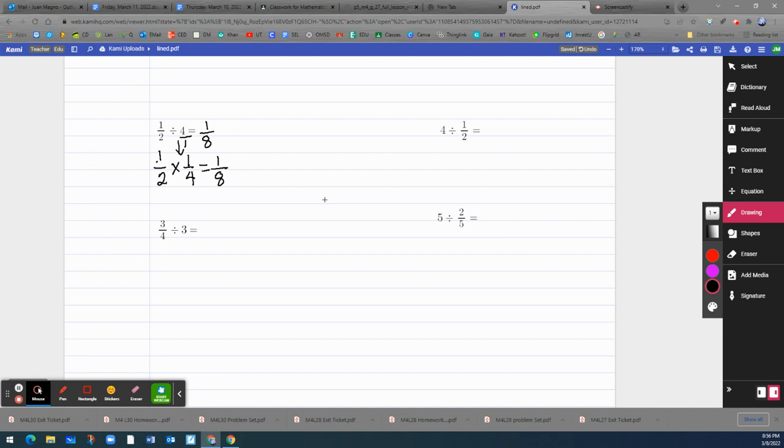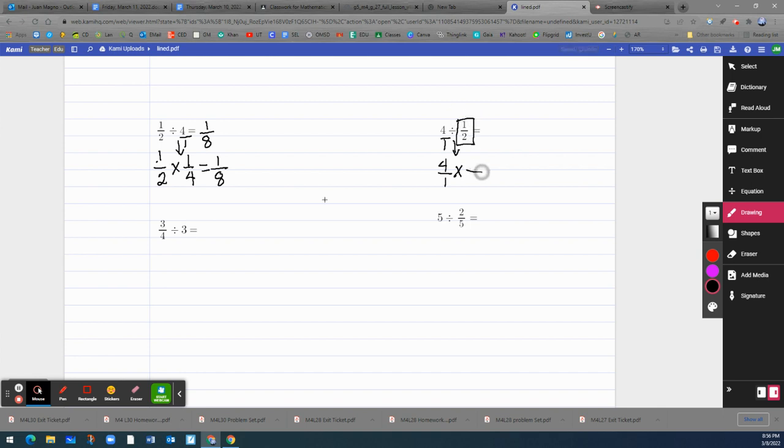All right, let's practice one more time. Again, we're going to present the whole number with 1 as a denominator. So now we're going to rewrite that: 4/1. We're going to replace the division symbol by a multiplication symbol, and we're going to find the reciprocal of 1/2.